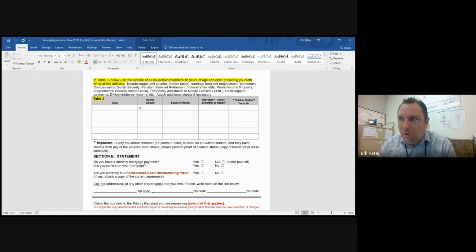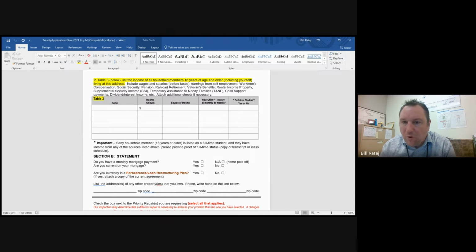So your gross check may be for, say, $2,500, but your net income may only be $1,700 after all those deductions are taken out. But HUD requires the income calculations are based on the gross income, not the net.